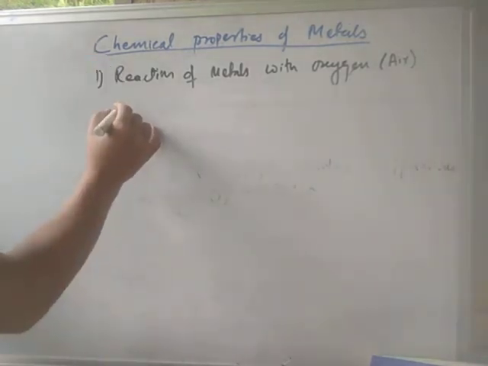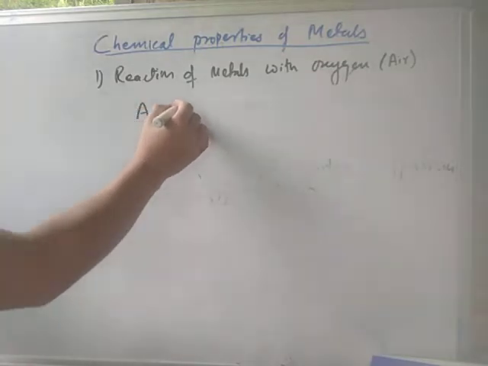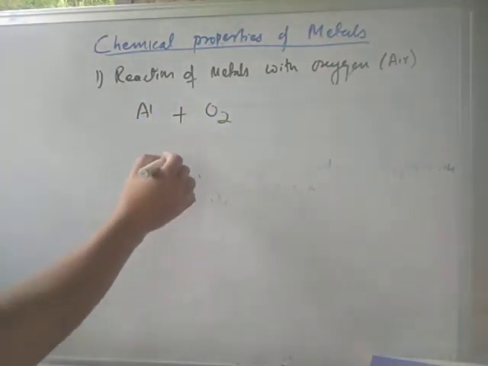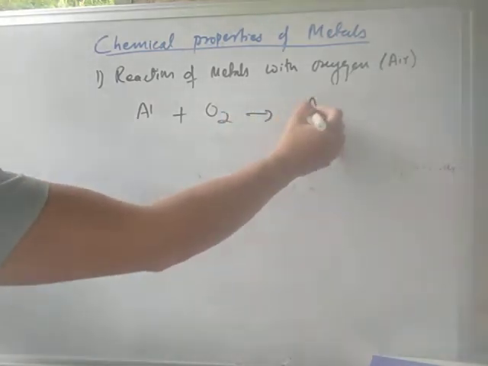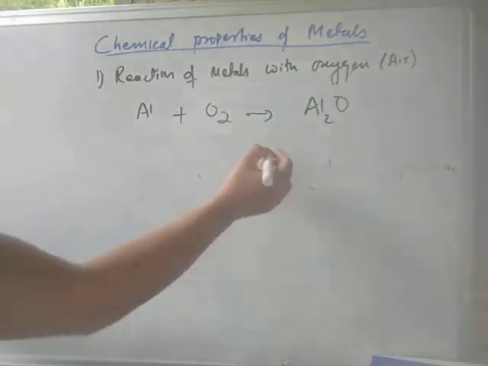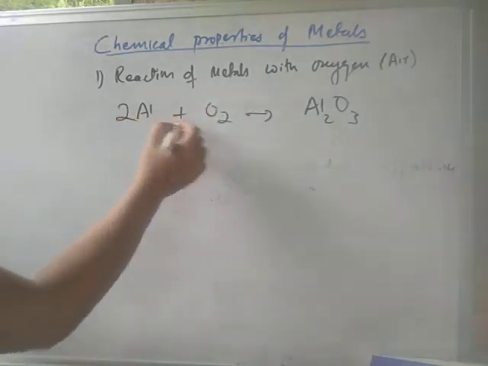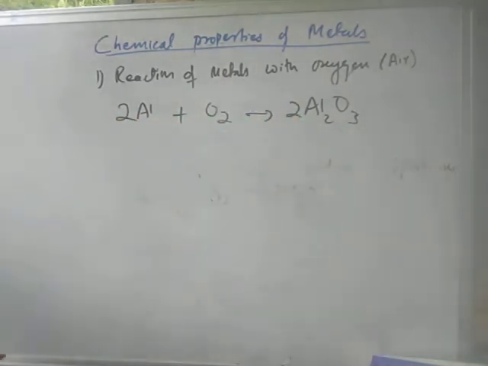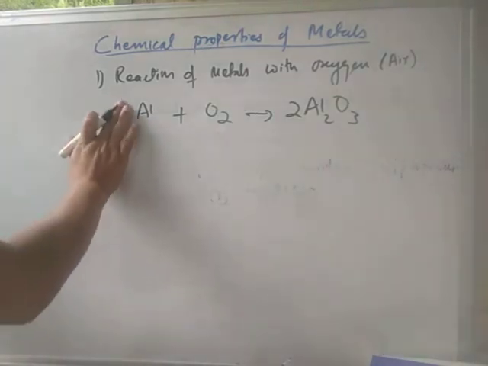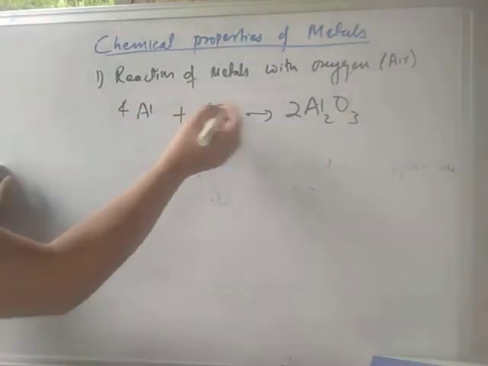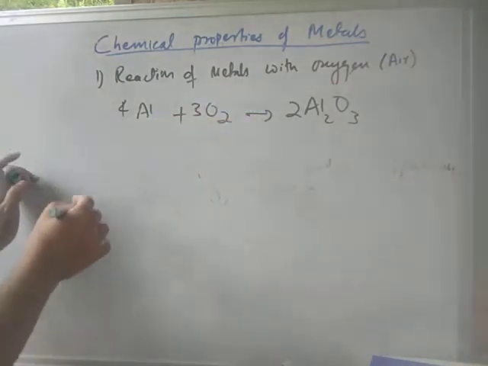Aluminium reacts with oxygen and gives metal oxide. If you balance it, this would be 2, so this would be 4, and this should be 3, since 3 times 2 is 6, so 4Al plus 3O2 gives 2Al2O3.